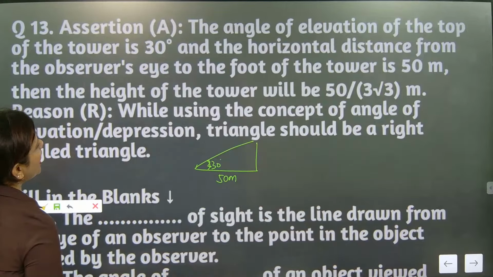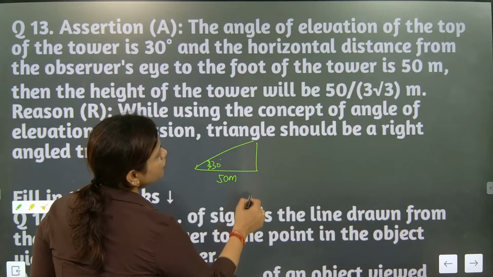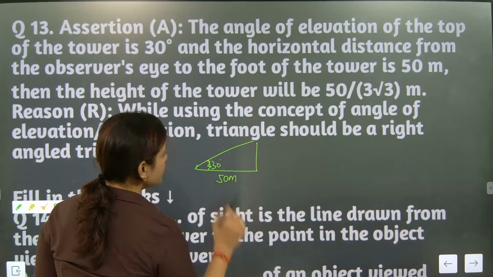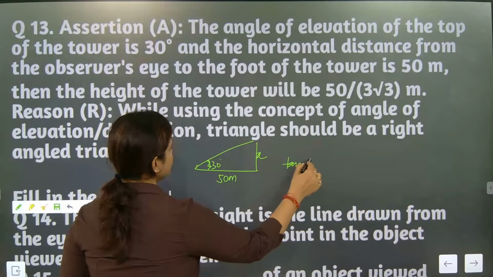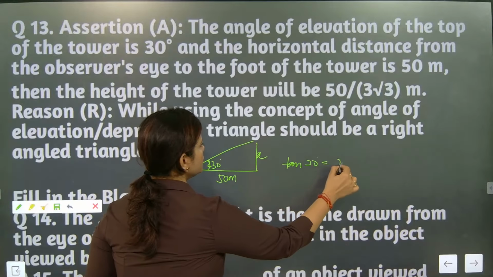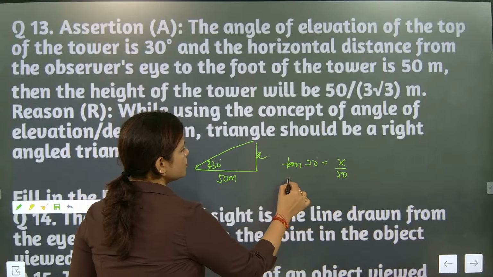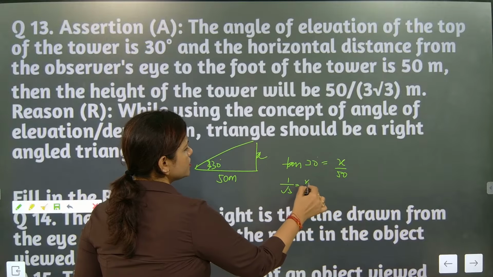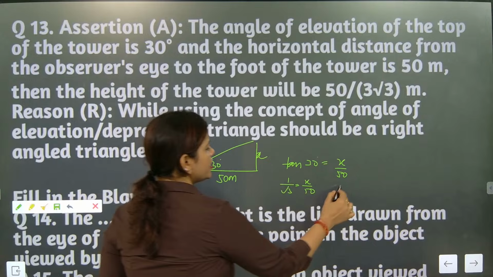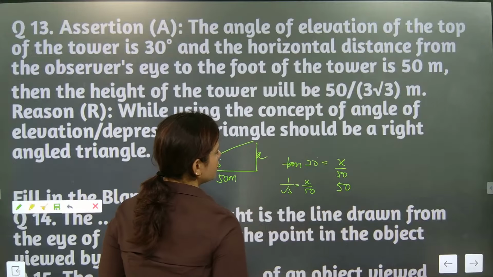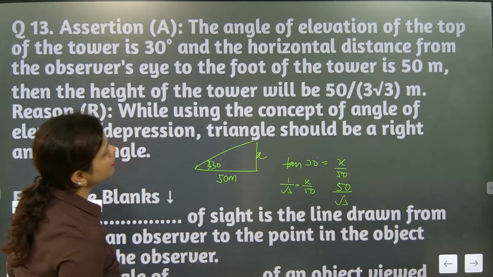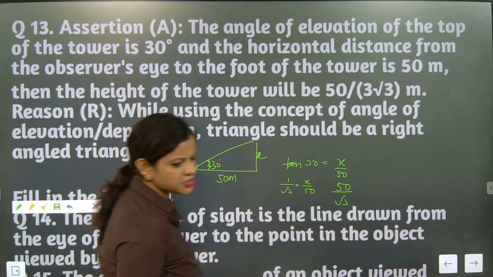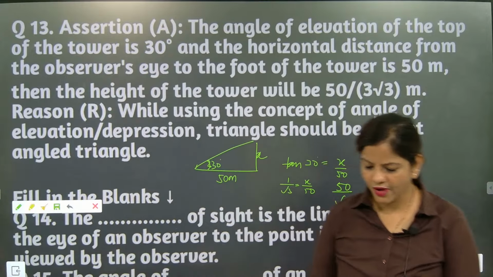After that, the height of the tower will be 50 by 3 root 3. So beta, we will take it as x. So tan 30 degrees is equal to x by 50. So 1 by root 3 is equal to x by 50. So here it will become 50 by root 3. Understood? It is coming as how much, beta? 50 by root 3.